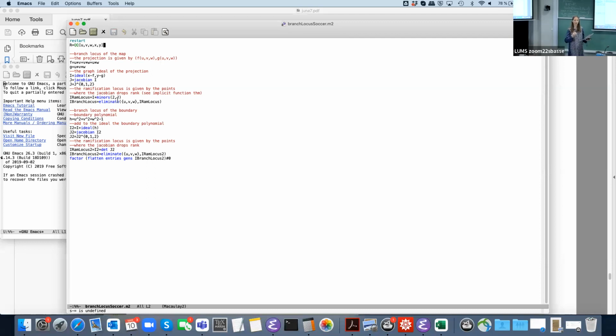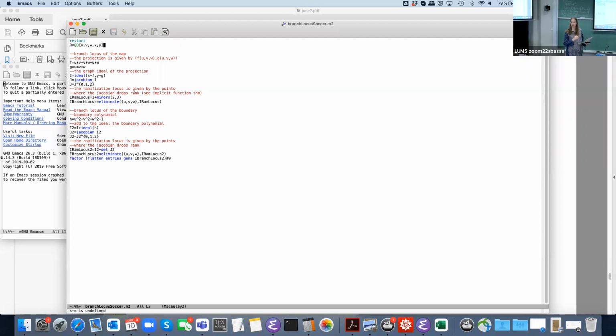This is the locus where the implicit function theorem doesn't hold. The implicit function theorem says that if you have implicit functions, we can express the function explicitly, but for this we need the Jacobian of our parameterization to have full rank. So this is how the polynomial P is constructed.